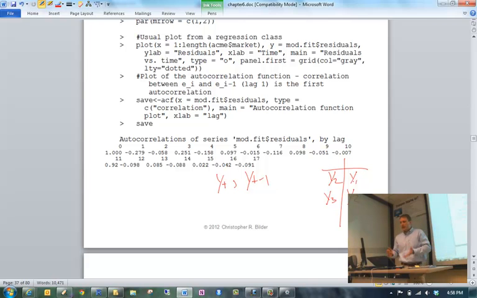This will give me my first autocorrelation, at what's often referred to as lag 1. You can also then do y at t minus 2, the autocorrelation at lag 2.